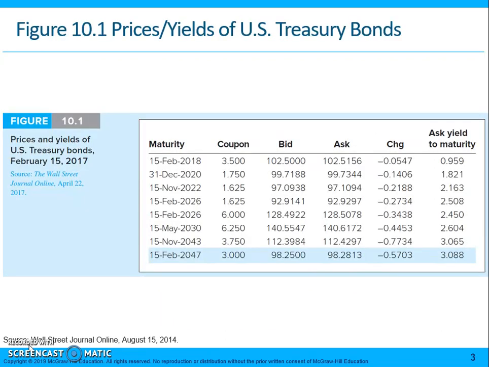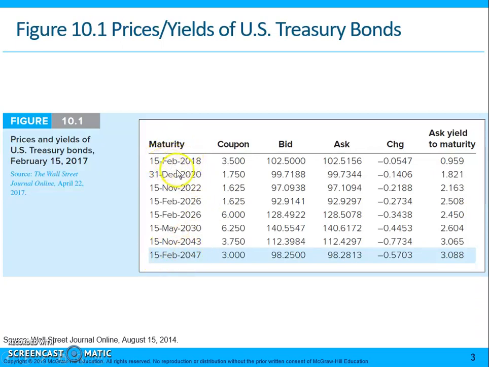Figure 10.1 is just a listing of treasuries from February 15th, 2017. Of course, it says it's posted on April 22nd, so anyway, not sure about that. But we have various maturities anywhere from February 15th of 2018 to February 15th, 2047.